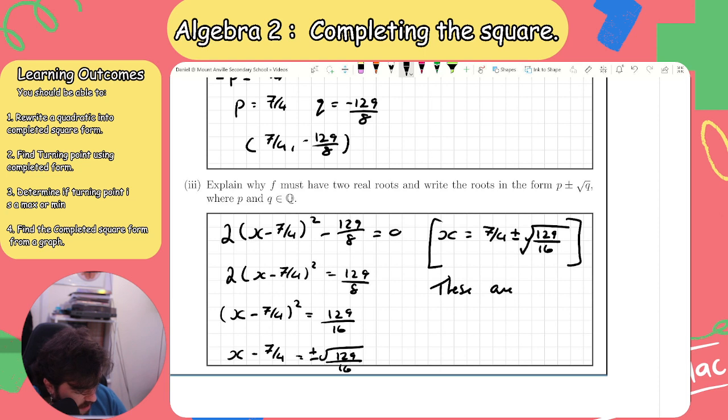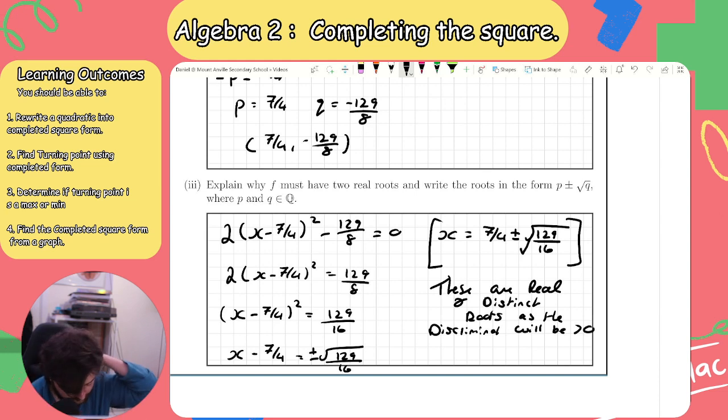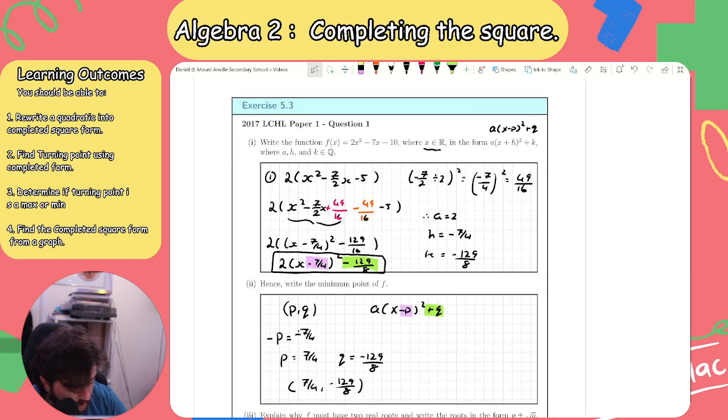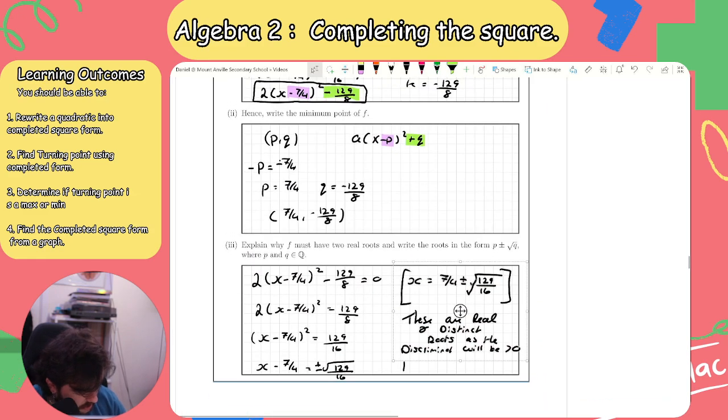These are real and distinct roots as the discriminant will be greater than 0, right? So you can comment on the discriminant, or the fact that these two roots are real. But if you want to comment on the discriminant, it would be b squared minus 4ac is greater than 0.